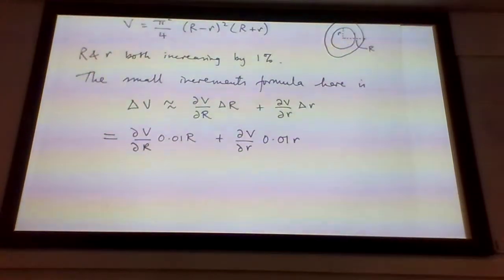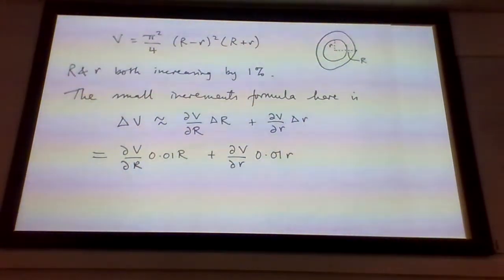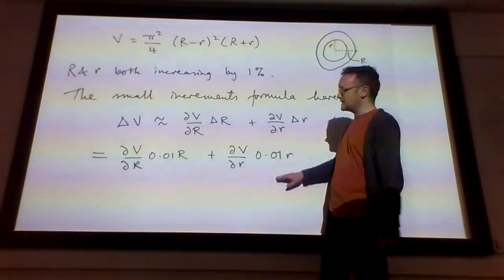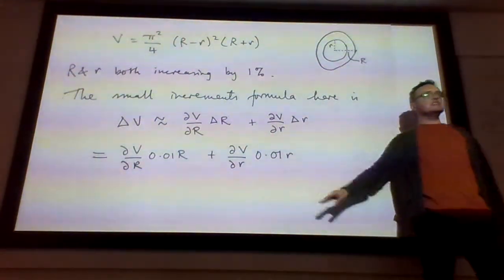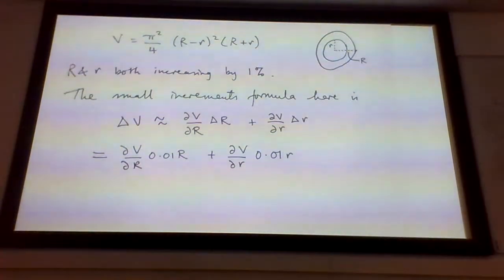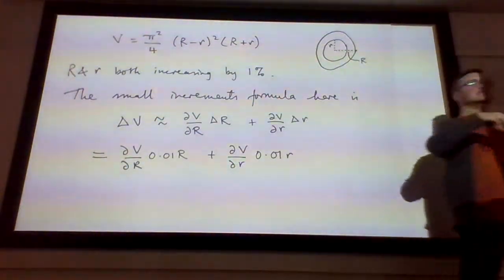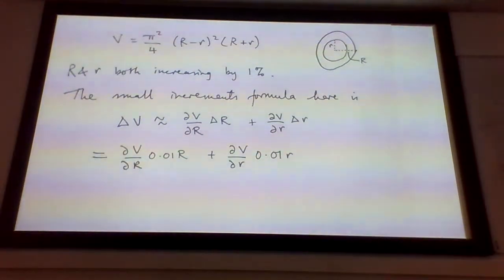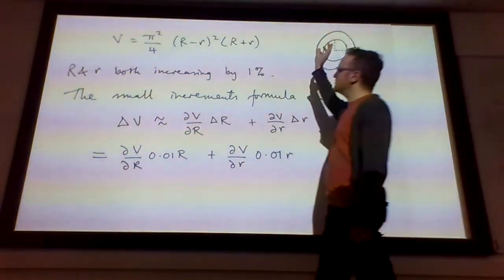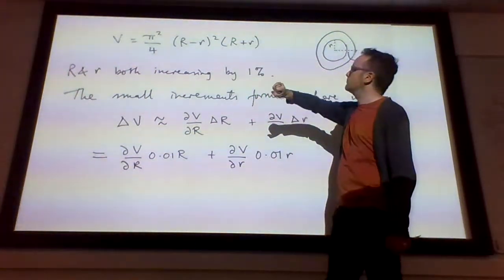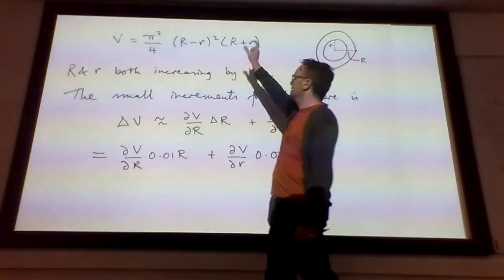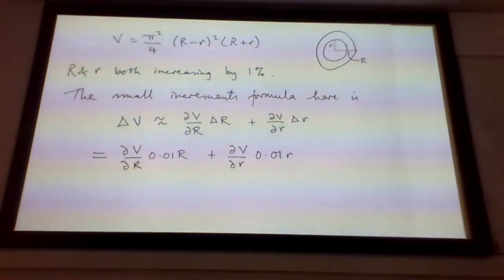Because ultimately, just like in the resistance example, we want to express the change in the volume as a percentage change in volume. So our expectation is this whole quantity will come out to be some constant multiple of V, and looking at that constant, we can extract the percentage. So it might be an idea to not fully expand into the cubic polynomial, but keep it in factorized form and differentiate using a combination of the product and chain rules as appropriate.